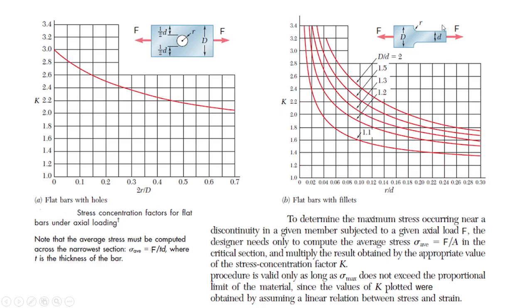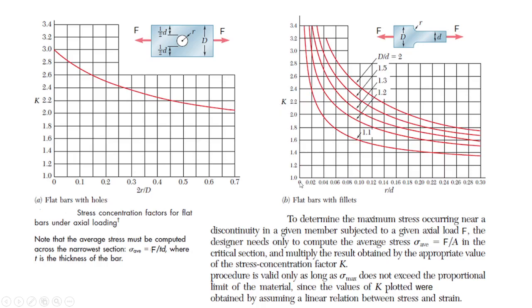If there is a fillet between the smaller sized part and the other one, then this is the graph to find the K factor, the stress concentration factor.